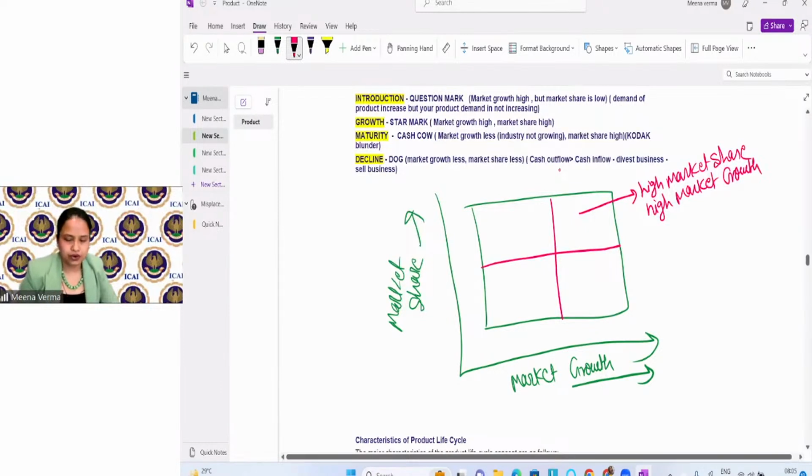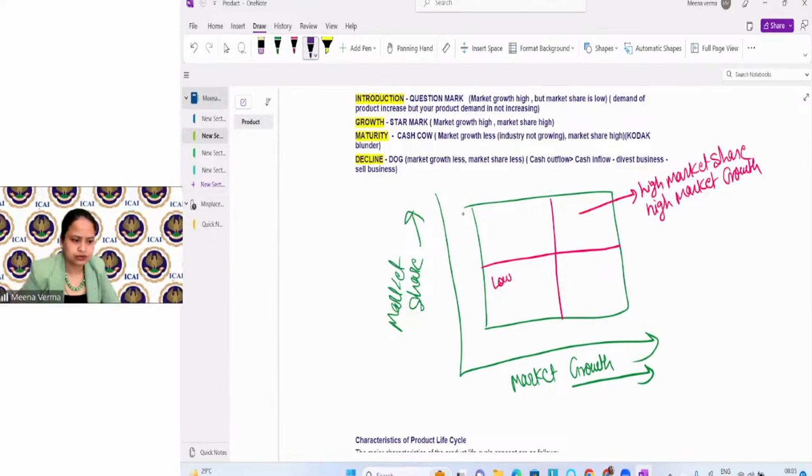Okay, in this stage, low market share, low market growth.